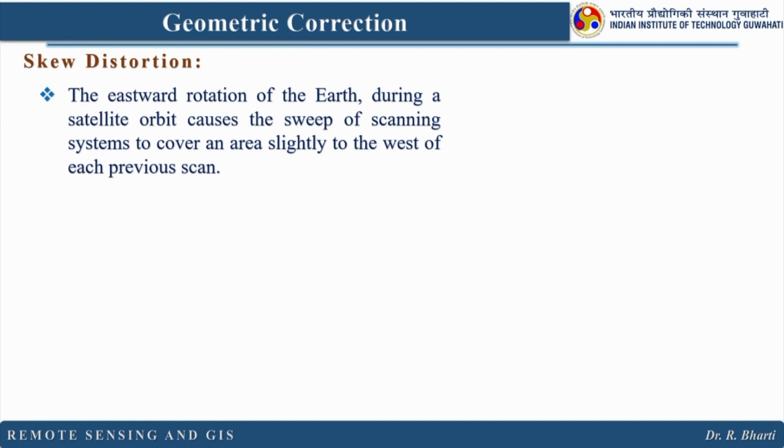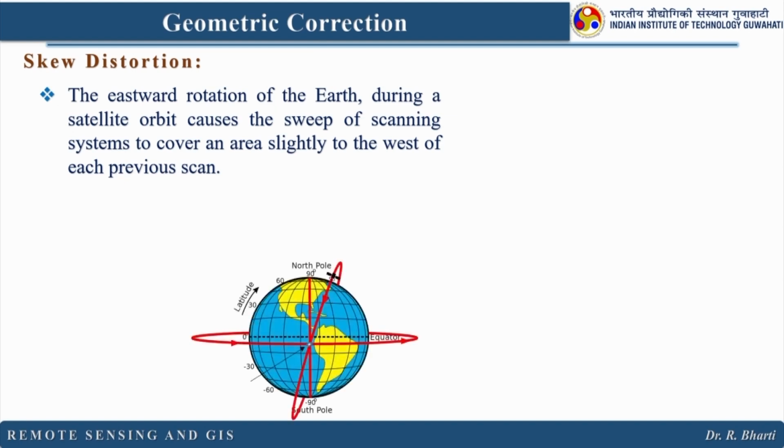So, skew distortion. Let us see what it says: the eastward rotation of the earth during a satellite orbit causes the sweep of the scanning system to cover an area slightly to the west of the previous scan. So, when you look at this figure, what is happening?